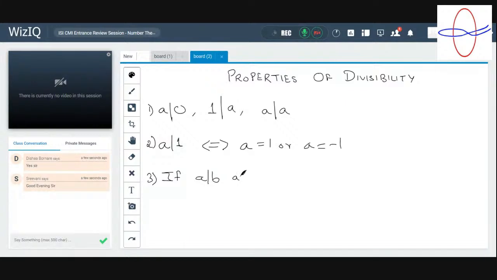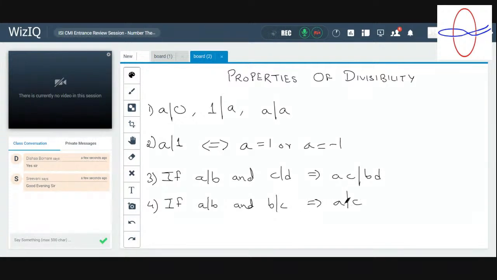If A divides B and C divides D, then AC divides BD. If A divides B and then B divides C, then you can get rid of B and directly say that A divides C. If you have two numbers which divide each other, then they have the same modulus.